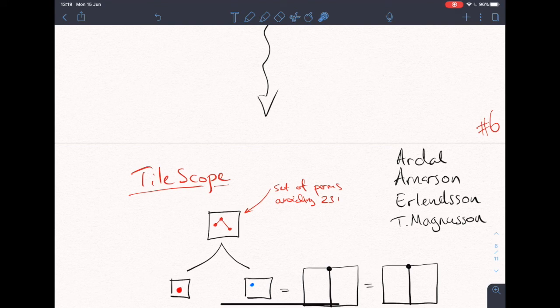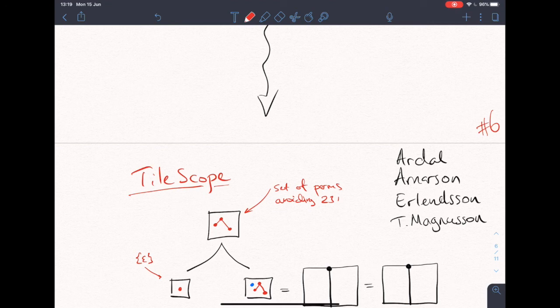We denote that with a red point. You avoid having a point. So here there's not much going on. The only permutation that lives here is the empty permutation. On the right hand side we have the rest. They have at least 1 point, and so we use blue to denote that. You're still of course avoiding 2, 3, 1.